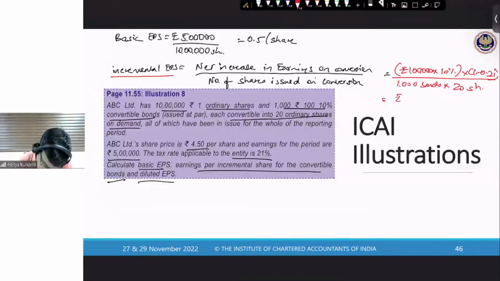So that is 7,900 divided by, what is the number of shares? 1000 into 20, 20,000 shares. So 7,900 divided by 20,000. As many of you have rightly said, 0.395. This is incremental EPS.